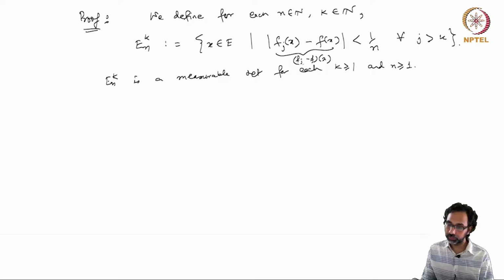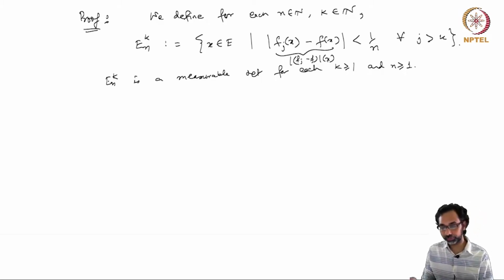On the other hand, it is a composition with the continuous function which is the modulus. Therefore, the modulus of f_j minus f is also measurable.